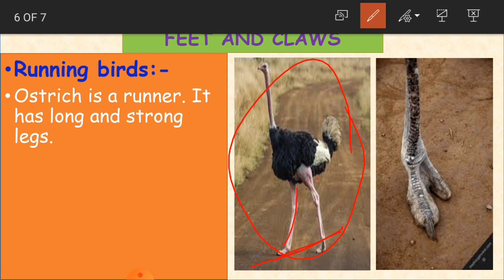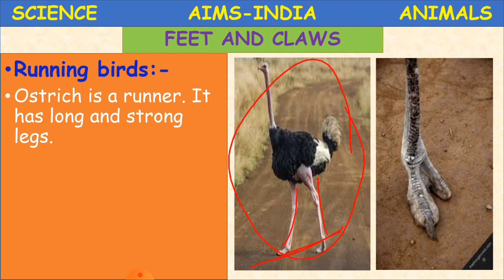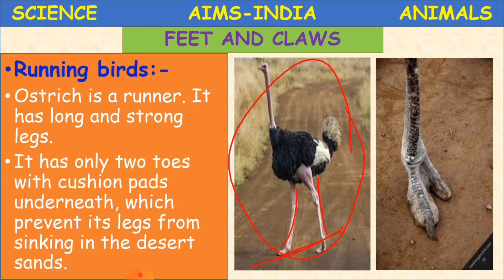See here, how are they? Legs, children? Very long and strong. Okay, and it has only 2 toes with cushion pads underneath, which prevent its legs from sinking in the desert sands. See here children, like we learnt until now that some birds have 3 toes in the front and 1 in the back, and some, like climbing birds, have 2 in the front and 2 in the back.